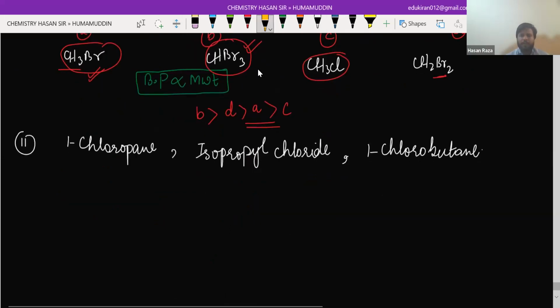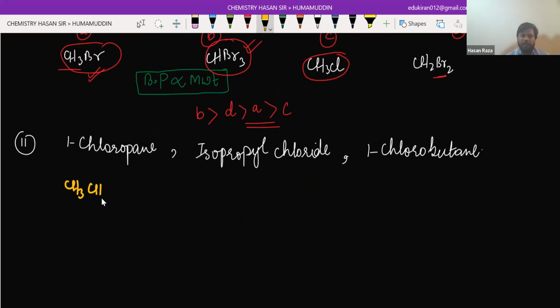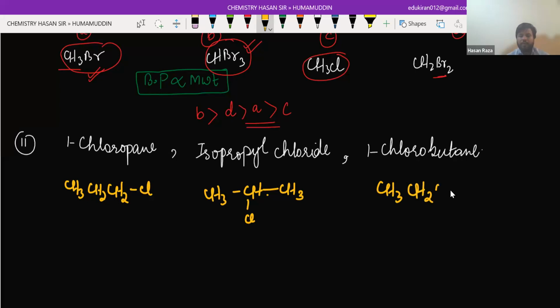See, if I'm going to write the structure, chloropropane means CH3CH2CH2Cl. And isopropyl chloride means CH3CHClCH3. And 1-chlorobutane becomes CH3CH2CH2CH2Cl.